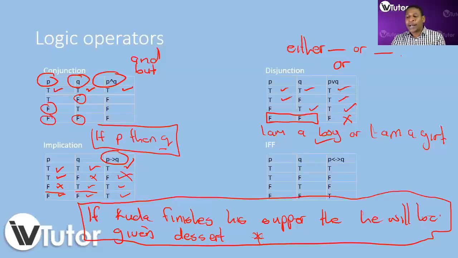Whether he is given the dessert or not is entirely at the mercy of the person who set the condition. But if he had finished and then you did not give him dessert, Kuda could have taken you to court and said, look, I have fulfilled my part of the agreement, now you need to fulfill yours.